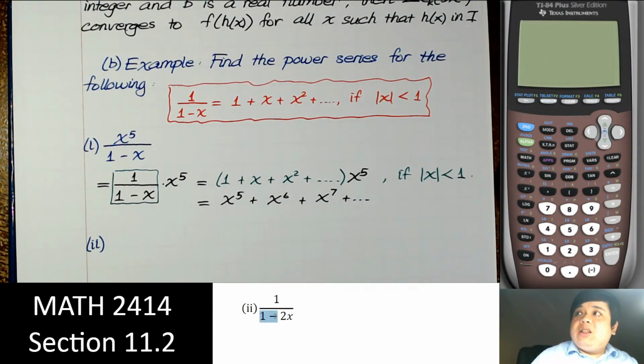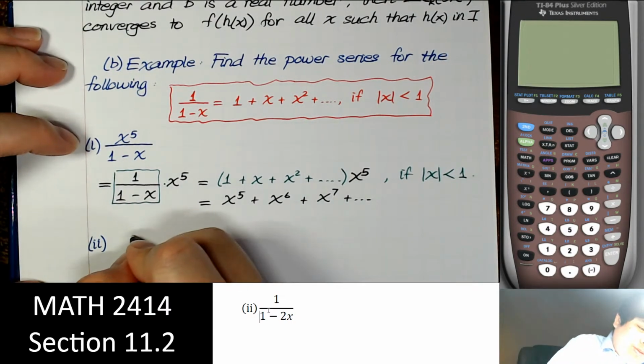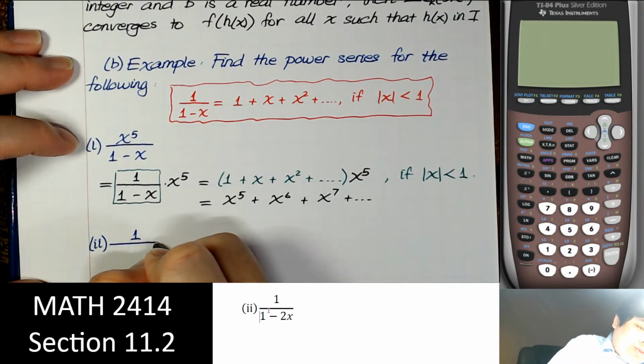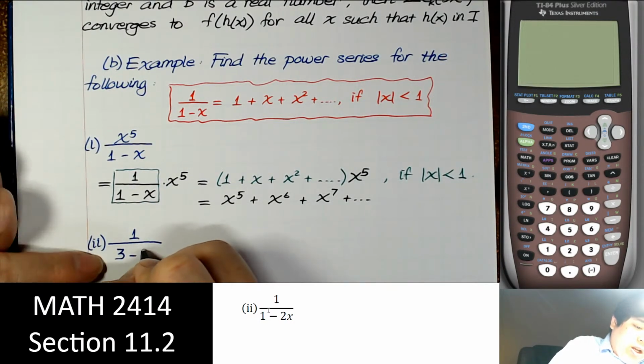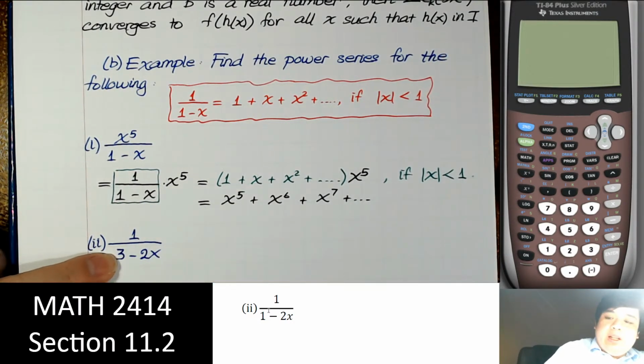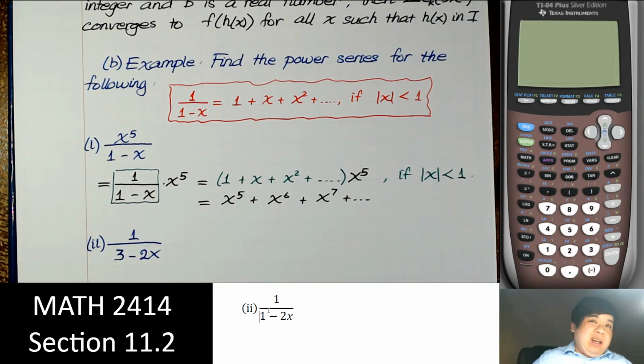Instead of 1 minus 2x, I will change the 1 to something else. So make it a little more complicated. Let's use 3 minus 2x, and then change the problem to 3.